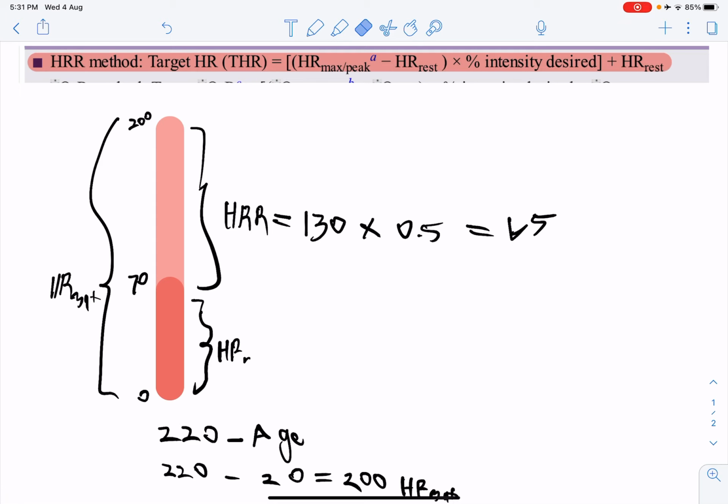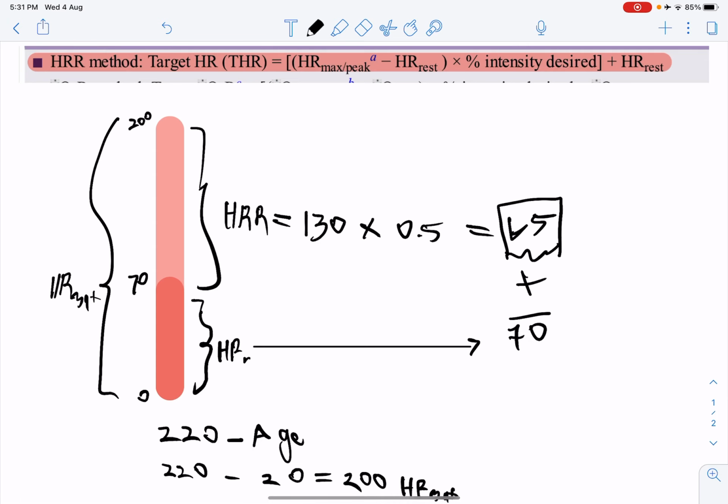So now I need to utilize 65 beats of my reserve, and I add that with my heart rate at rest. So I need to have additional 65 beats per minute if I want my intensity levels to be 50%. So my heart rate at rest was 70, so I will end up with 70 plus 65, which is 135.